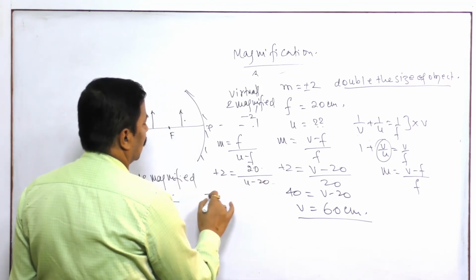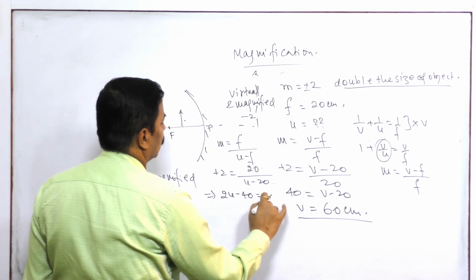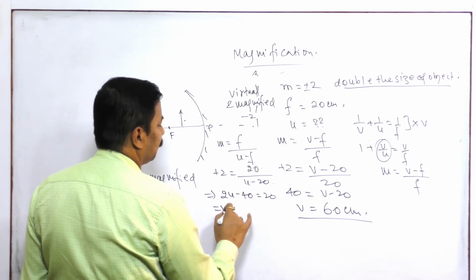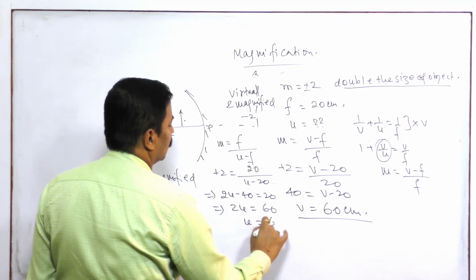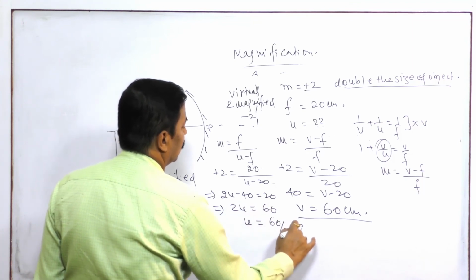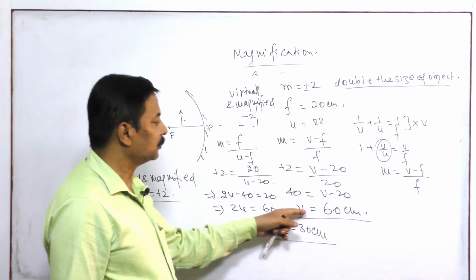That means 2U minus 40 is equal to 20. So 2U is equal to 60. So U is equal to 60 by 2, that is 30 centimeter. This is the value we are getting.